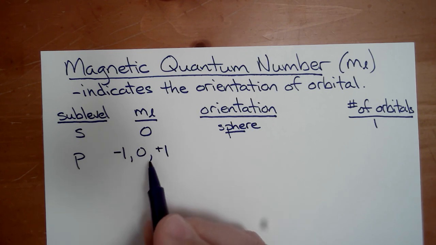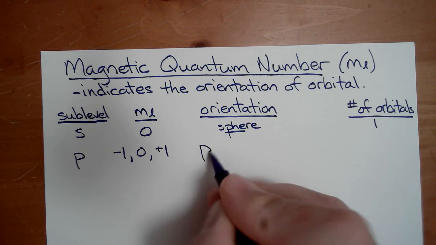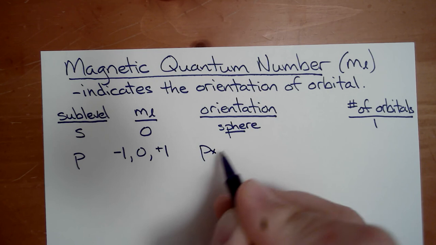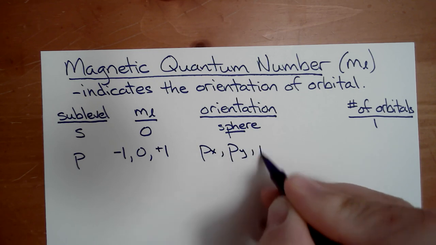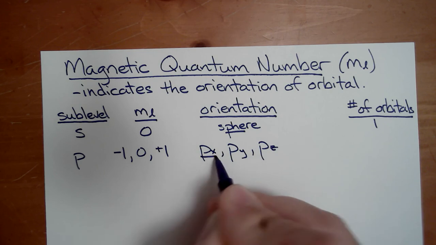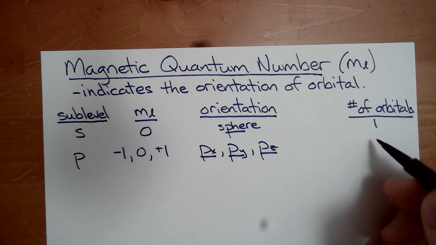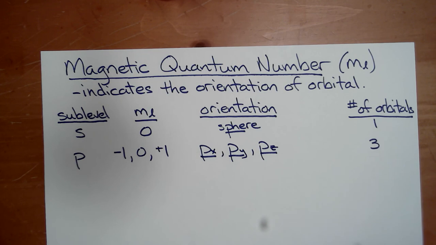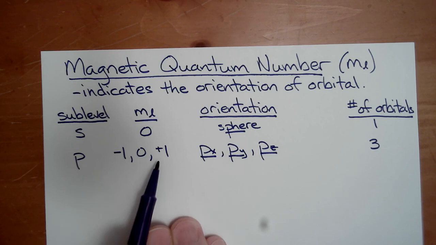These are the three numbers for P. And that's because we have a p orbital on the x-axis, a p orbital on the y-axis, and a p orbital on the z-axis. And I'm going to underline them as if each underline is an orbital. And so we have three orbitals in the p sublevel, and they have quantum numbers of -1, 0, and +1.